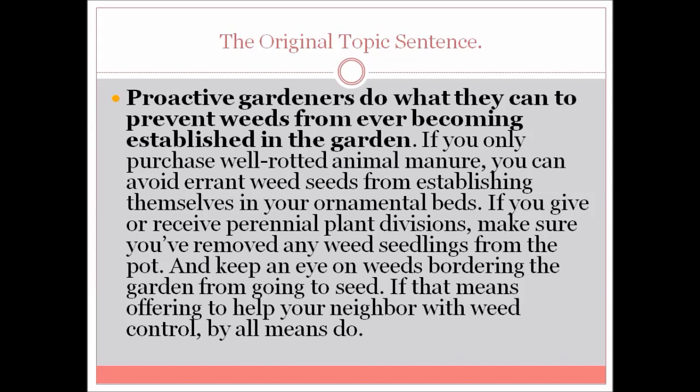If your topic sentence had anything to do with getting ahead of the game in combating weeds, then you have a good topic sentence. Because all of the sentences here in the body of the paragraph have to do with keeping weeds out of your garden before they ever even get started.